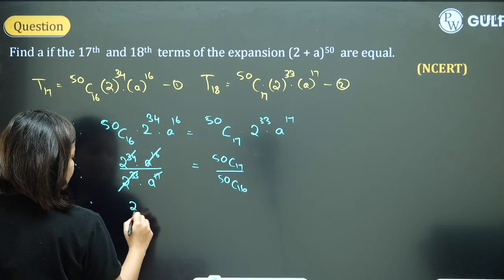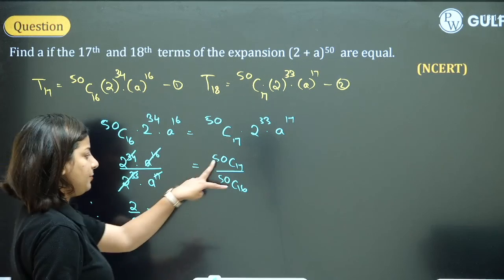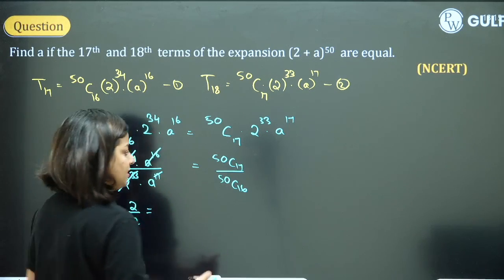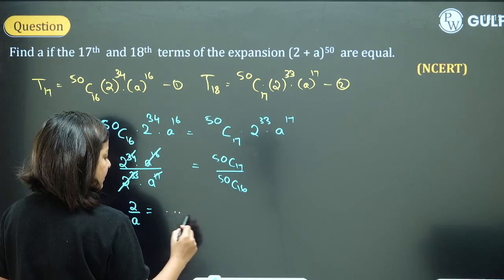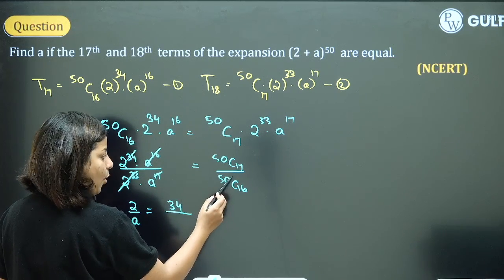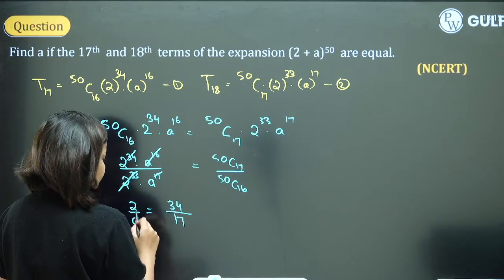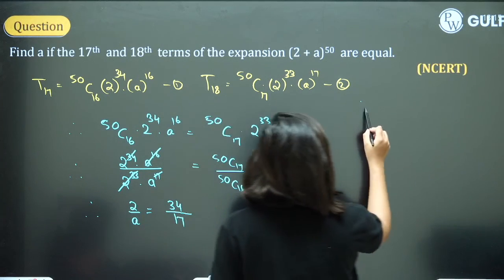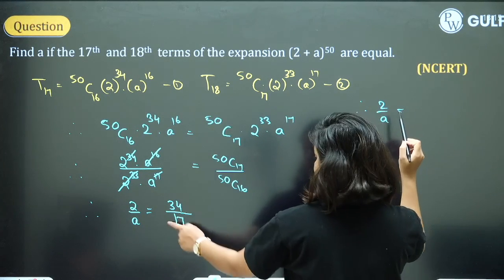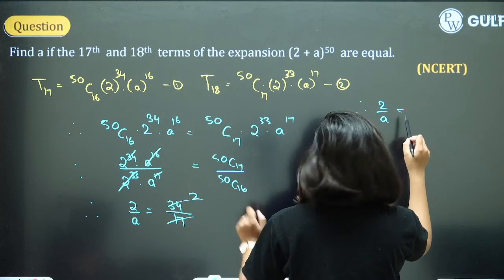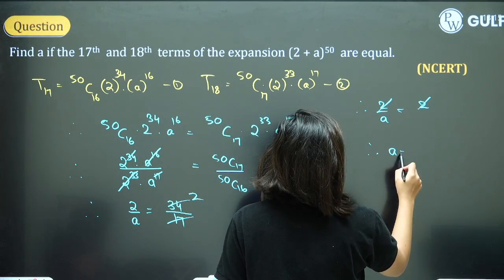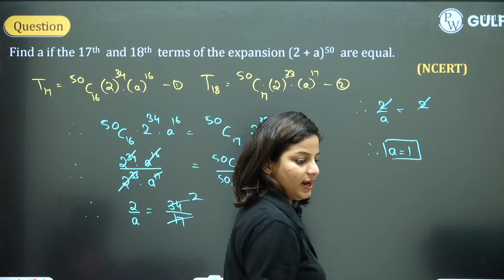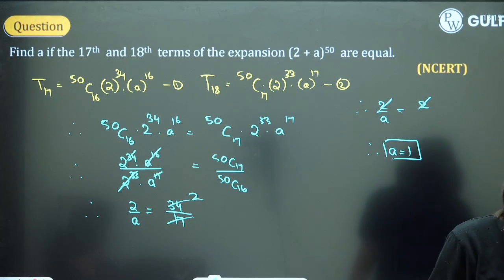So we are left with 2 by a is equal to, and remember this nCr upon nCr minus 1, we will do 50 minus 16, that's 34 upon 17. How much is this? 2 by a is equal to 17 twos are 34 upon 17, so 2 by a is equal to 2, and the value of a comes out to be equal to 1. I used that formula.